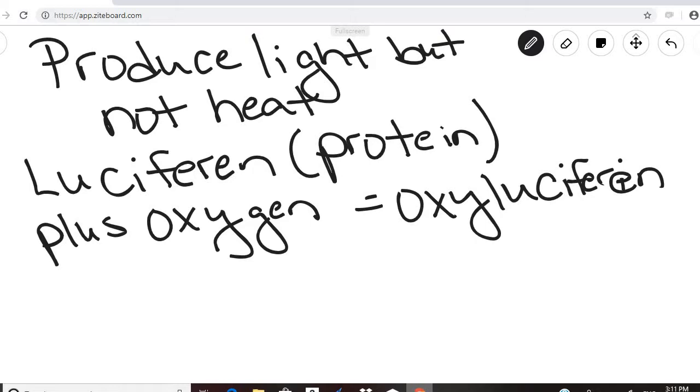And that oxyluciferin glows, it produces a light.